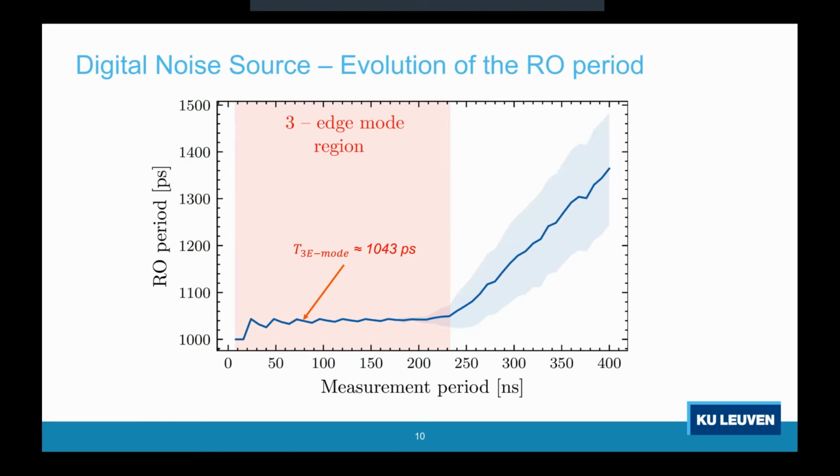Now, as I said, due to noise influences, even if there is no adversarial noise, even if there is just white Gaussian jitter noise, the 3 edges will inevitably collide. And they will compel the ring oscillator to a single edge.